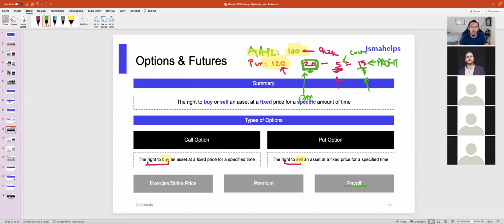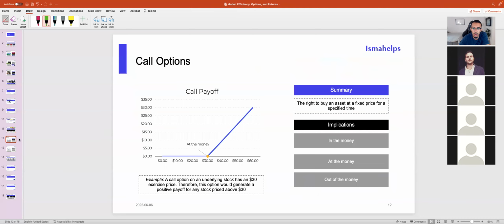All right. Now within the next 3 minutes, what I'd like to just highlight super quickly and then talk about the homework would be the following. A call could actually be drawn in a super simple way, just like this. You can see that this would be the stock price on the x-axis.